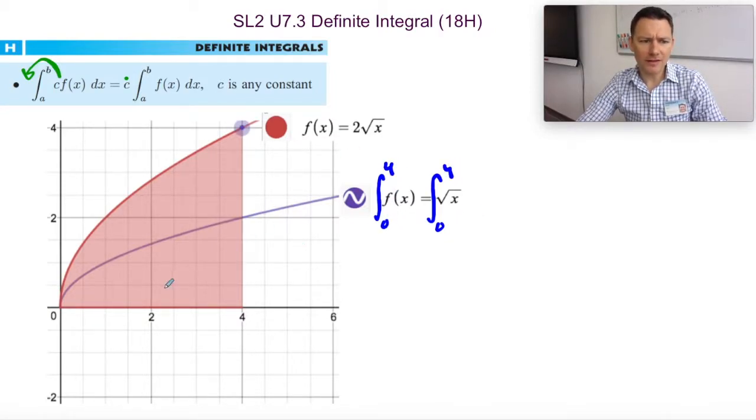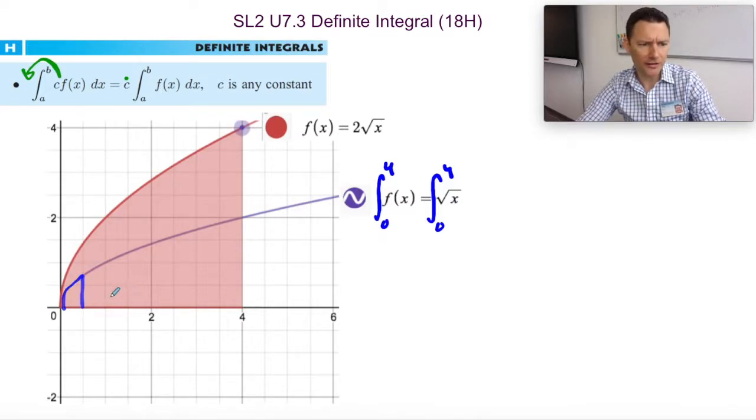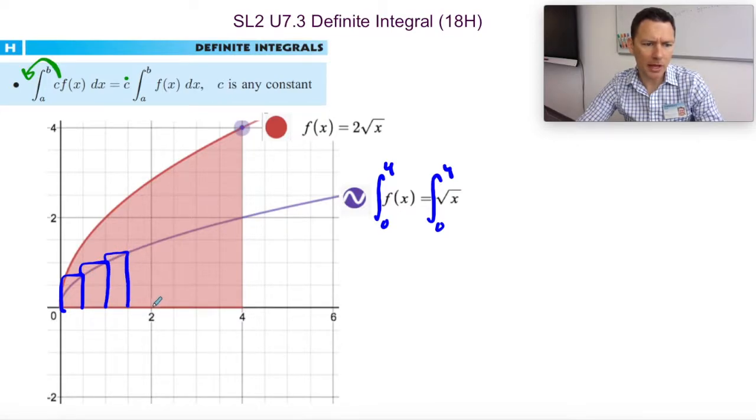You can see that this is the area underneath this curve. So it's like these blocks and these blocks. I'm going to actually make them rectangular, right? And you'd just be adding up the blocks, essentially.